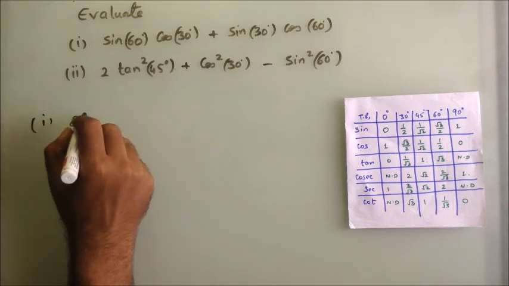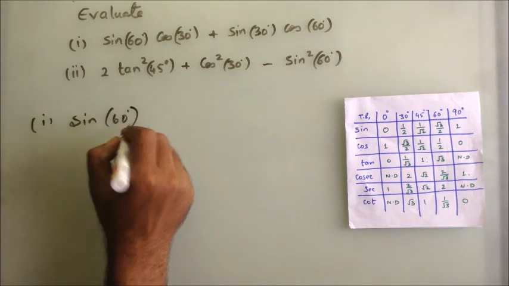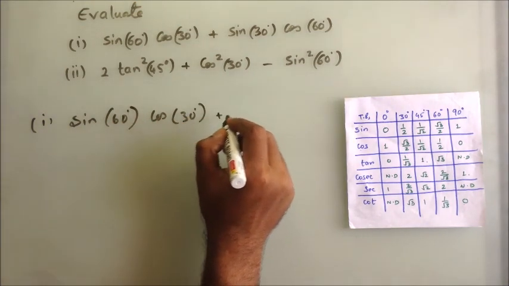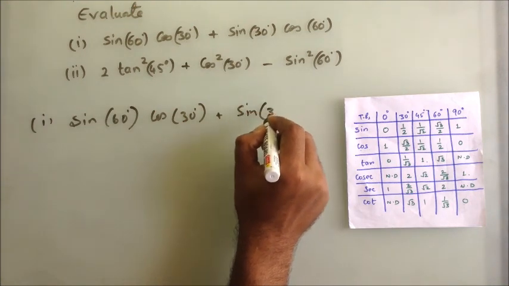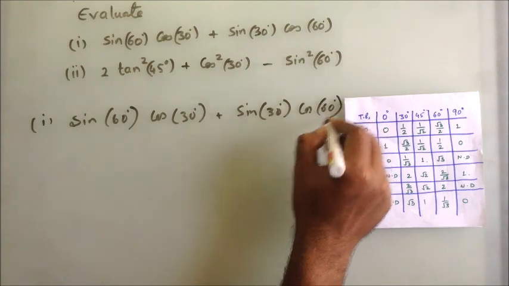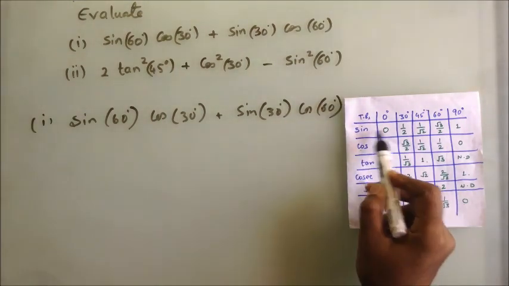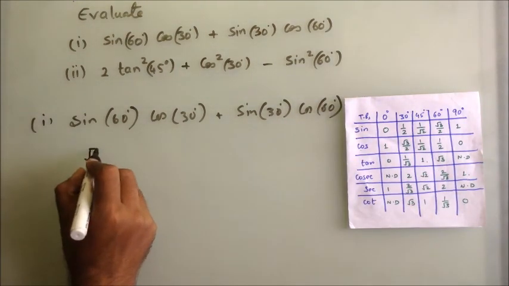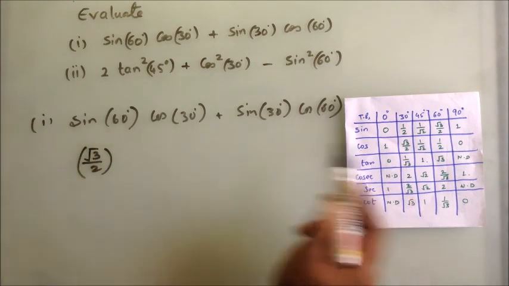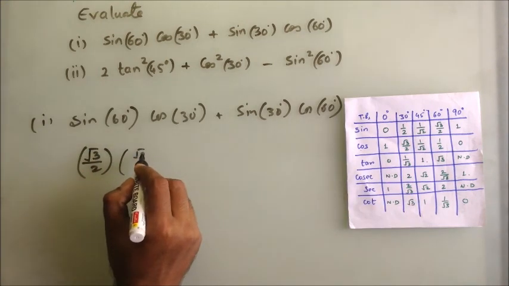The first part is sine of 60 degree cos of 30 degree plus sine of 30 degree into cos of 60 degree. Now sine of 60 is root 3 by 2. Cos of 30 is again root 3 by 2.